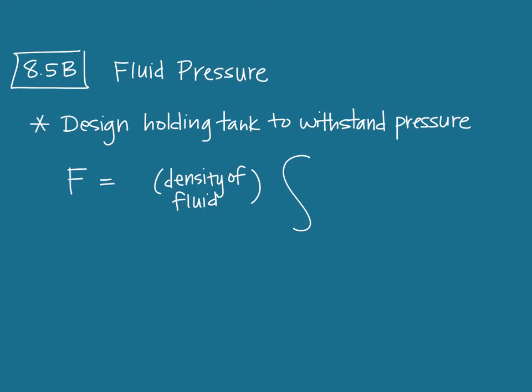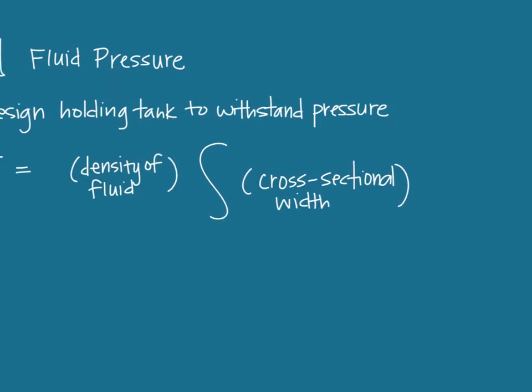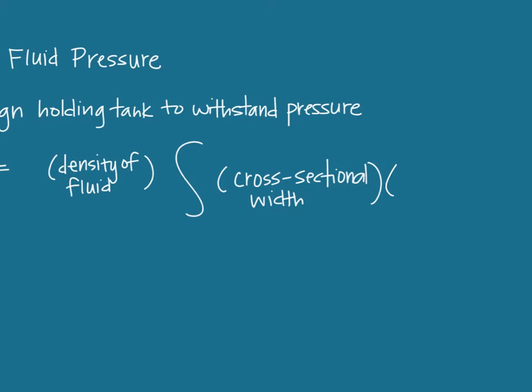On the inside of your integral, you have to multiply two things. The cross-sectional width of the fluid itself. Okay, so all the way across the fluid, and how would you express that? And we need to know the depth of the fluid.